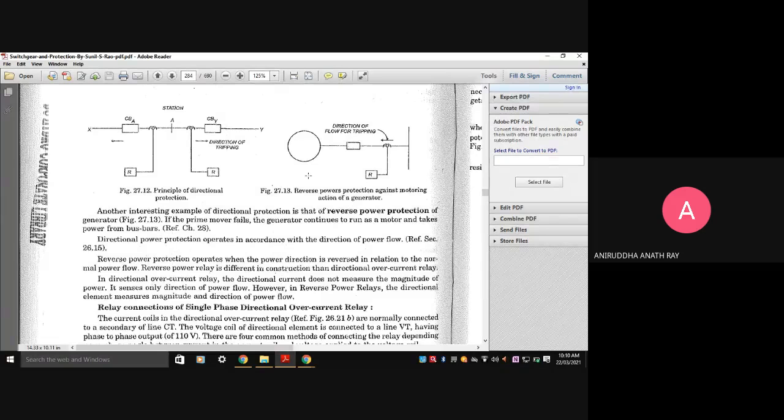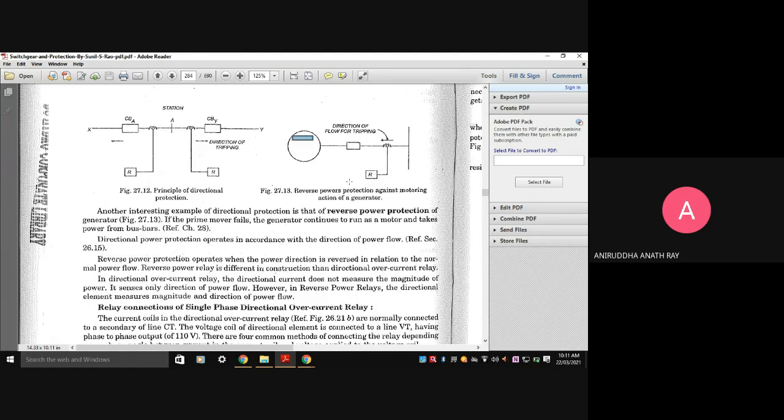If the prime mover of the generator fails, the generator continues to run as a motor and takes power from the bus bar. In other words, this is a directional flow trip, and thus a reliable trip.